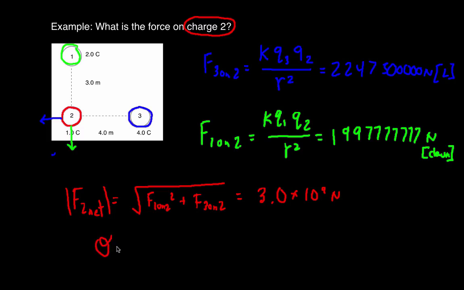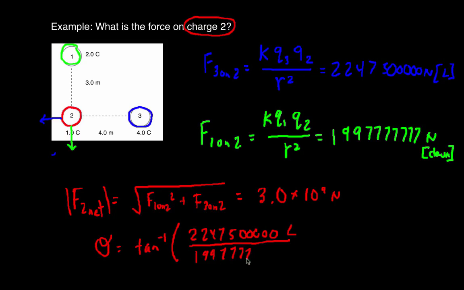The angle is given by tan negative 1 of 22,475,000, this is to the left, divided by 199,777,777, and this is down. This gives us an angle equal to 48 degrees left of down.